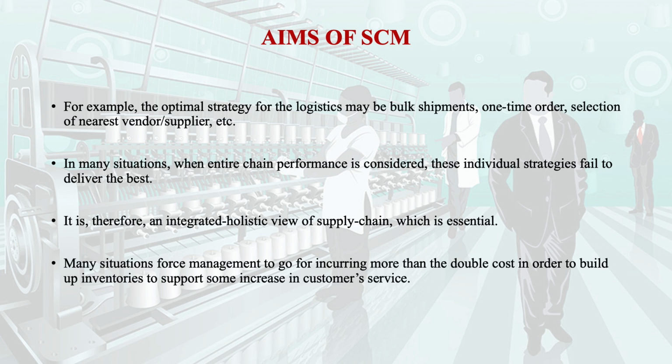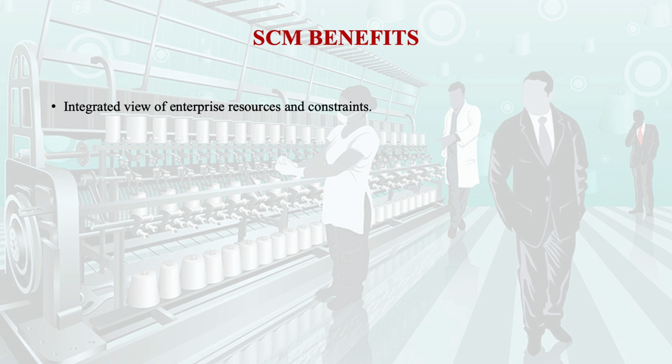In many situations, the management is forced to incur more than double the cost in order to build the inventories to support some increase in the customer service. There are certain benefits which we visualize from supply chain management. The first important is an integrated view of enterprise resources and the constraints.